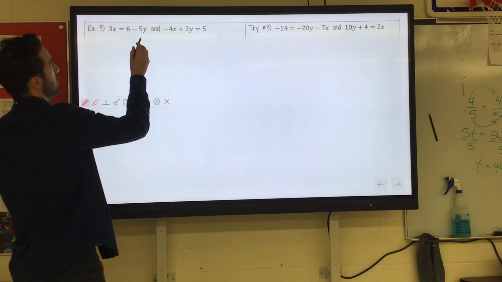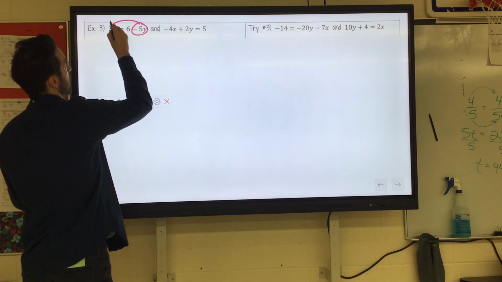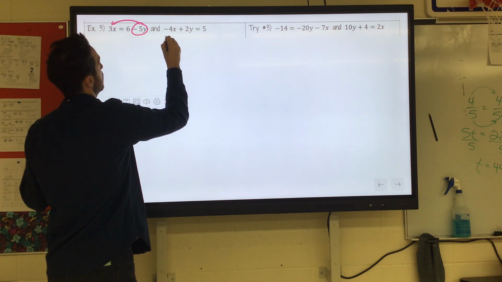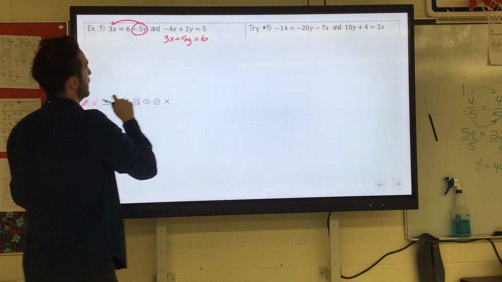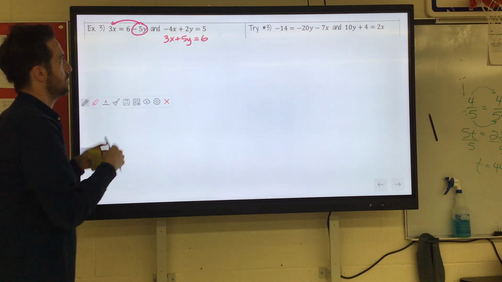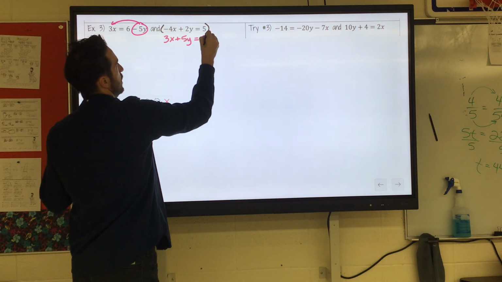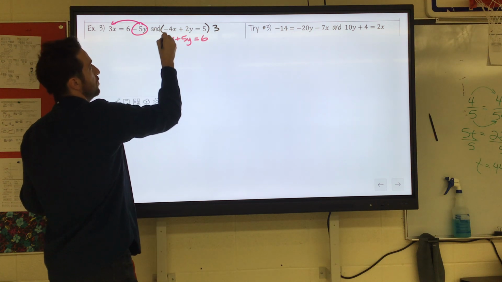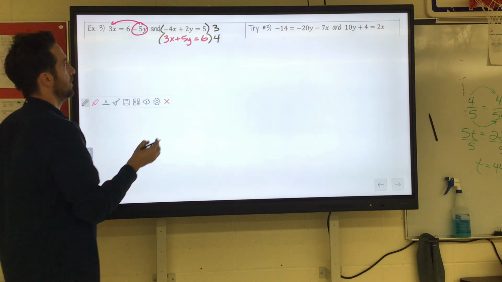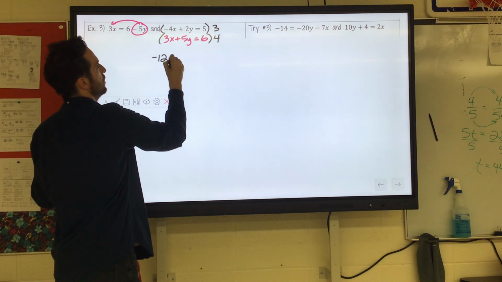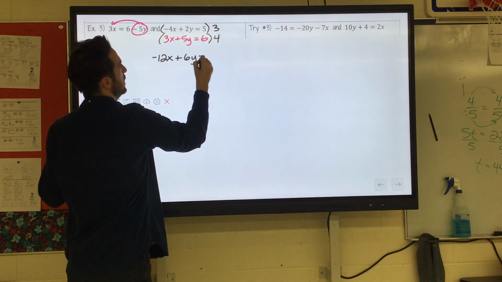So we're going to get this negative 5y to the other side by adding it. So we'd have 3x plus 5y equals 6. We've got to get a common multiple. So let's say we went with the x's. We could do negative 4x times 3, 3x times 4, and they would both become negative 12x and 12x. So that would give us negative 12x plus 6y equals 15.